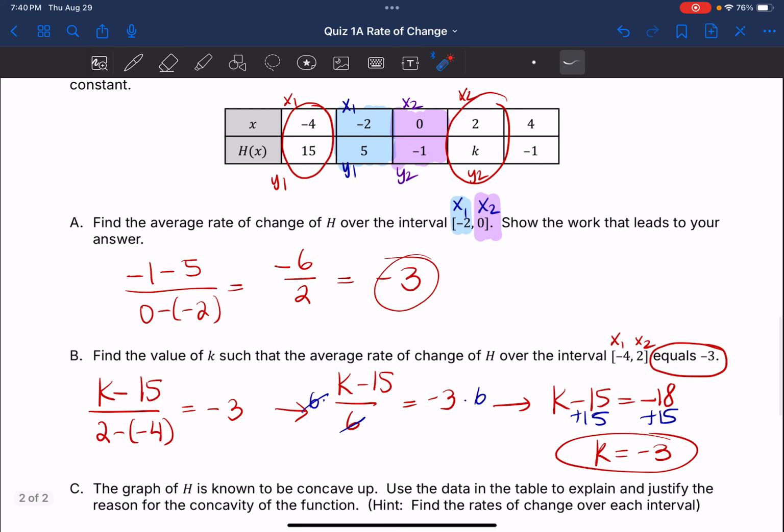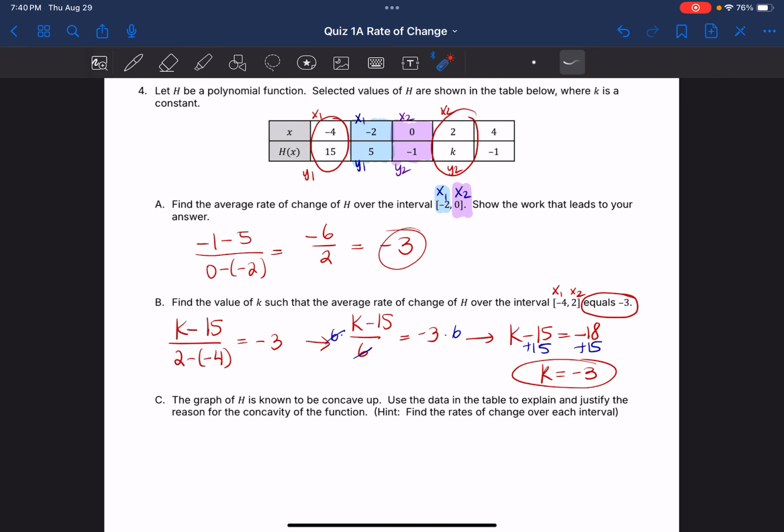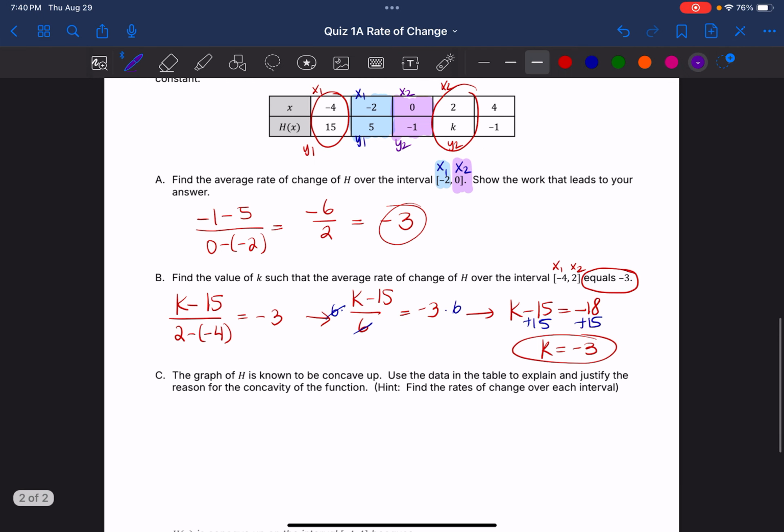So looking at this table, I have 1, 2, 3, 4 intervals that I can look at. And I'm going to write them here. So I could do the interval -4 to -2. That would be the first 2 points.